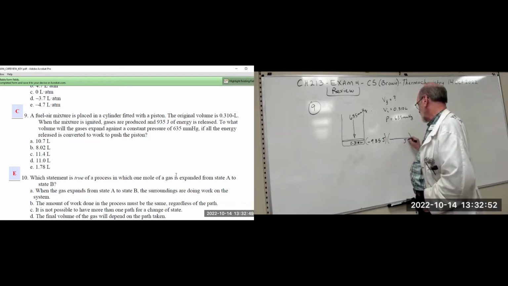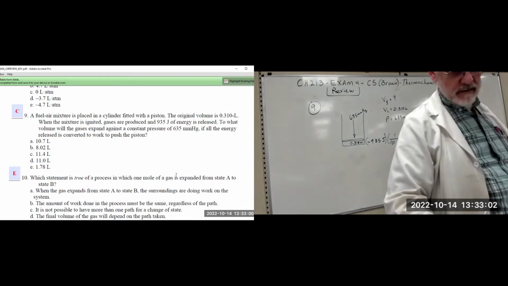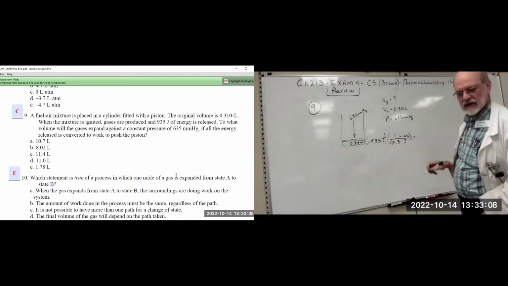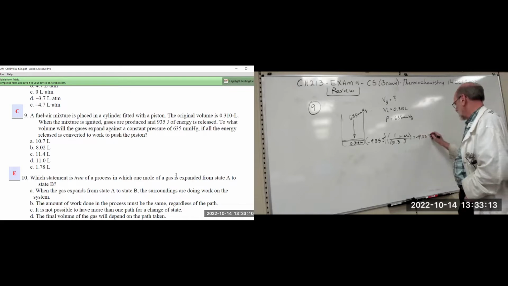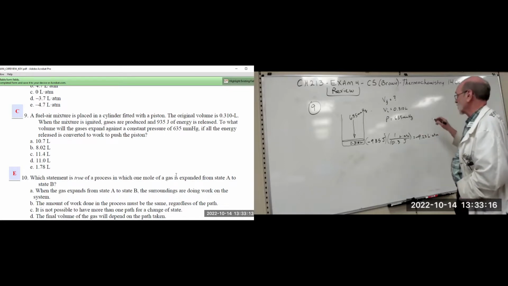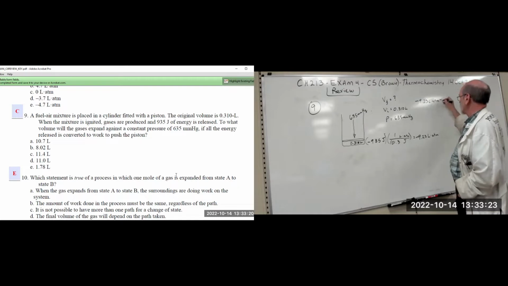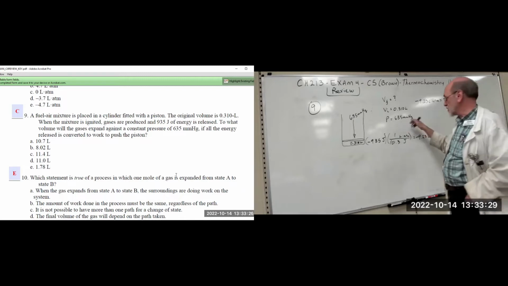So 1 liter atmosphere is 101.3 joules. So 935 divided by 101.3 is 9.23 liter atmospheres. Now we're going to have minus 9.23 liter atmospheres equal to pressure times change in volume, but the pressure needs to be in atmospheres, right?